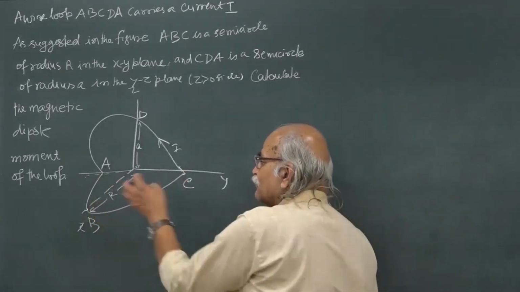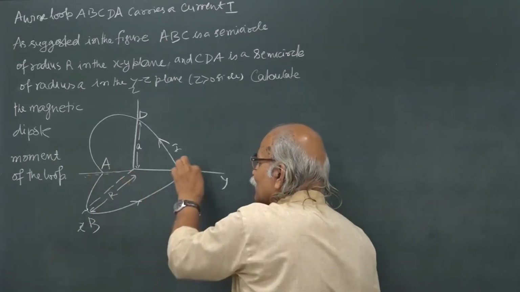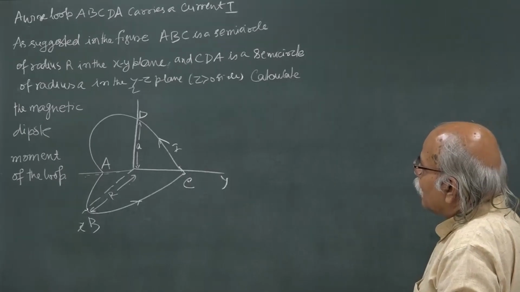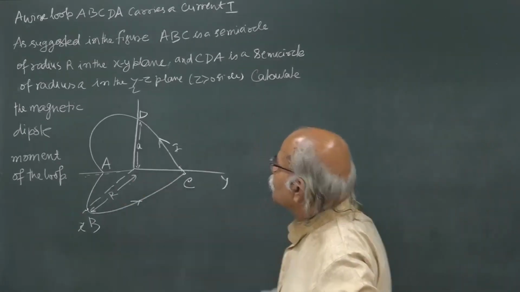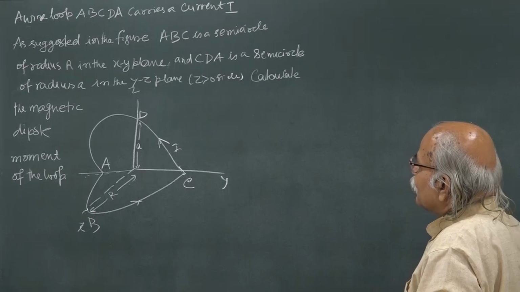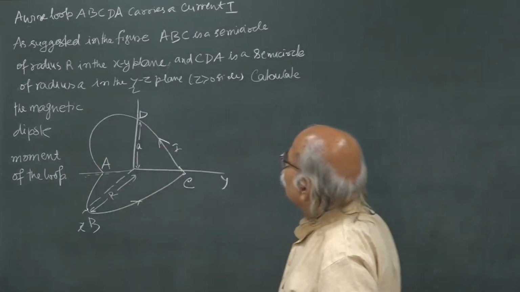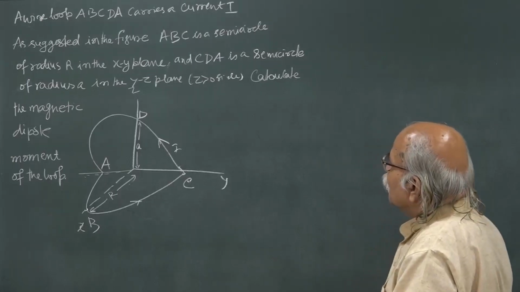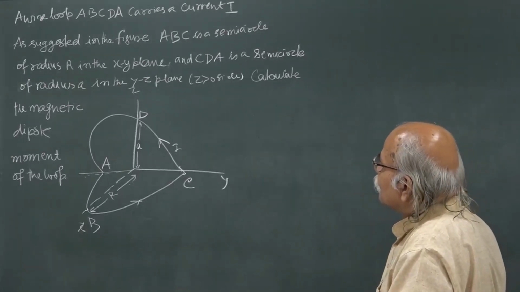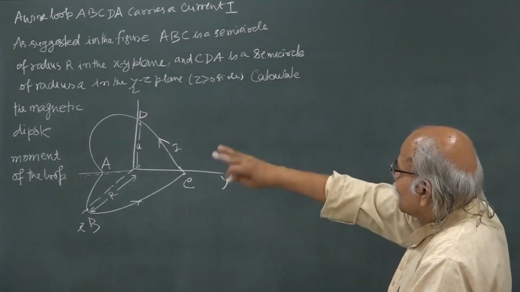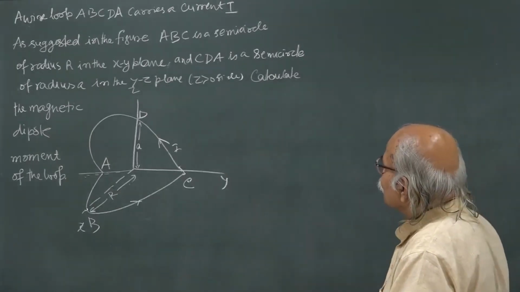This B point is somewhere here. ABC is a semicircle of radius capital R in the xy plane, and CDA, the other part, is a semicircle of radius small a in the yz plane. I could have drawn a good semicircle because it is in the yz plane.